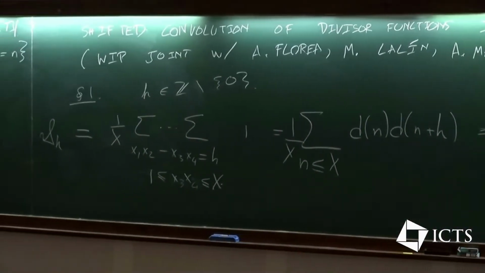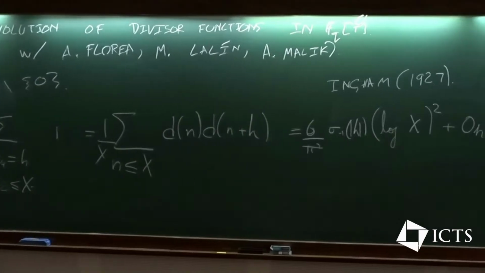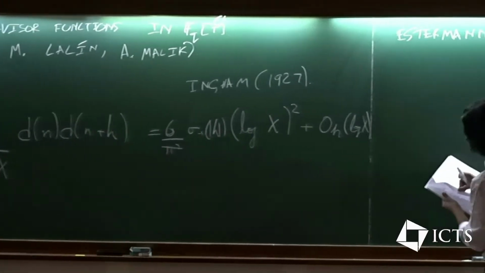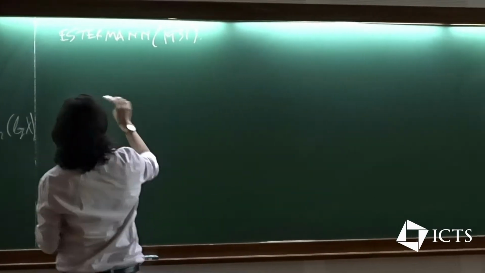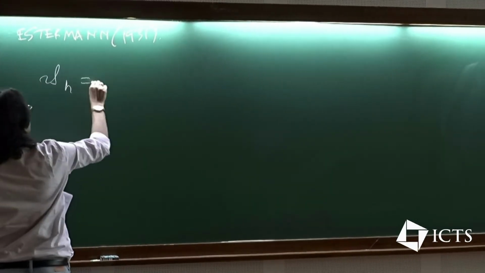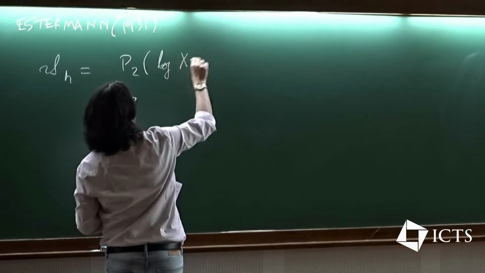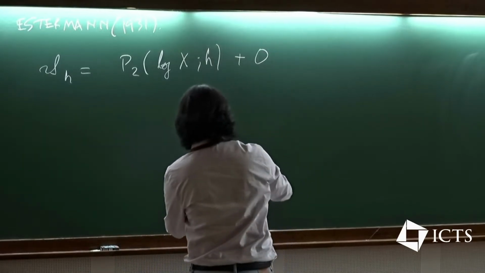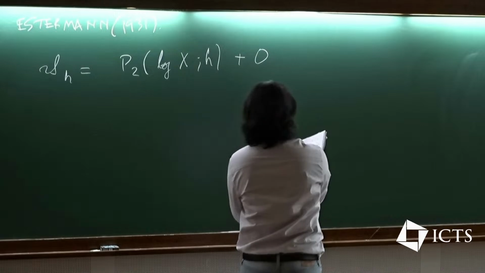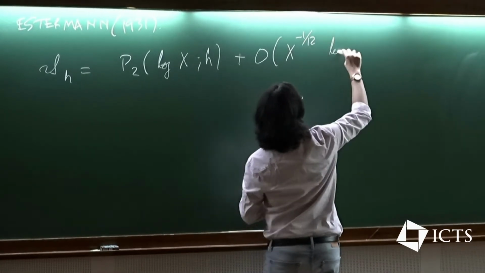Estermann looked at this problem, and he found an expansion for the whole thing. So this was 31. Estermann proved that S of h is P2 of log x, h, plus big O of x to the minus 1 over 12 times log x cubed.